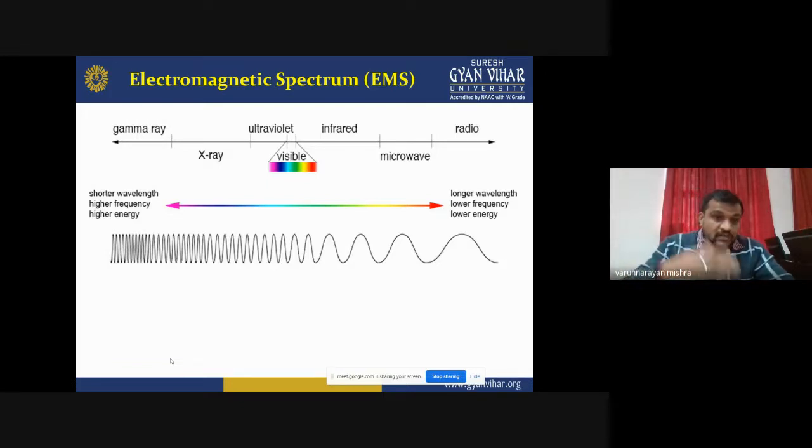Starting from gamma, it is a shorter wavelength, and when we move towards radio waves, it is a longer wavelength. This arrangement of wavelengths is known as the electromagnetic spectrum.